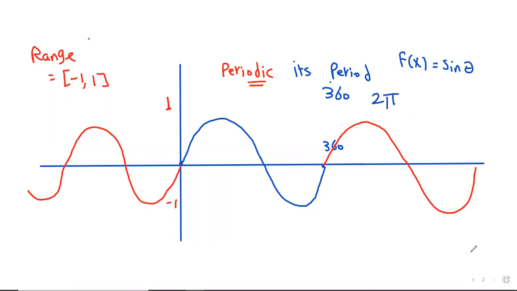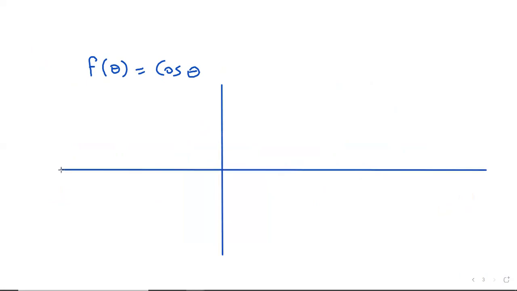Okay. Now let's go to the function f of theta equals cosine theta. Try to graph this function taking special angles like 0, 90, 180, 270, 360.